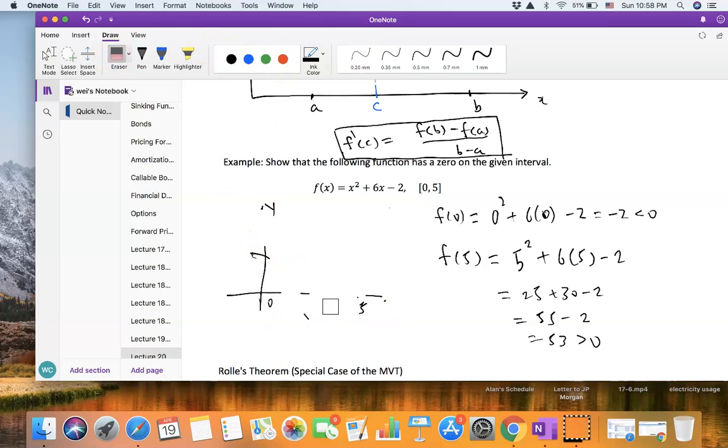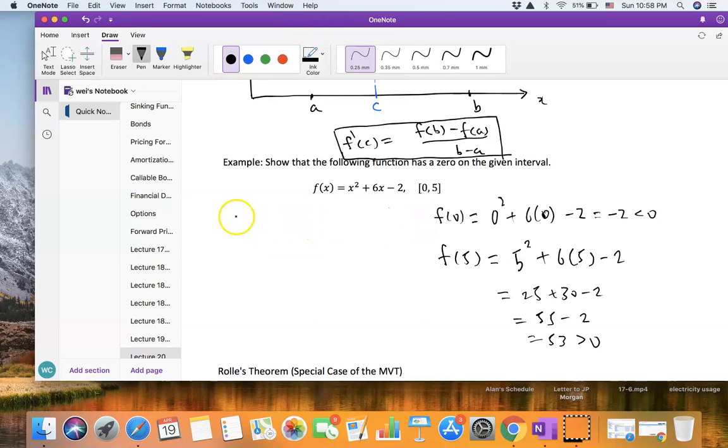So this turns out that when x equals 5, the function value is a positive number, and when x equals 0, the function value is a negative number.